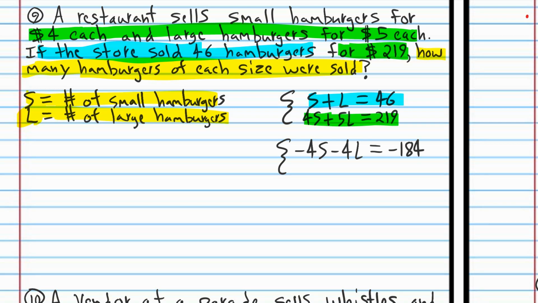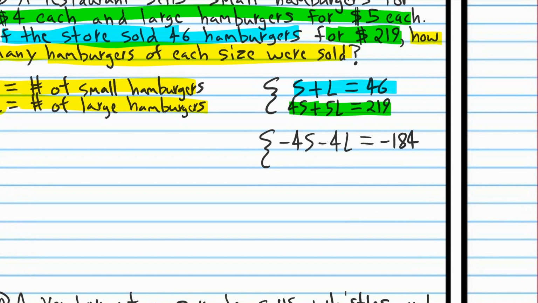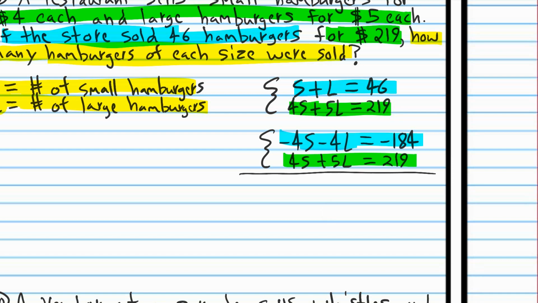Make sure you write a negative. It's negative 184. And then just rewrite the bottom equation. So now we're ready to eliminate. And we get L is equal to, let's see, that would be 35, it looks like. 35 large hamburgers.